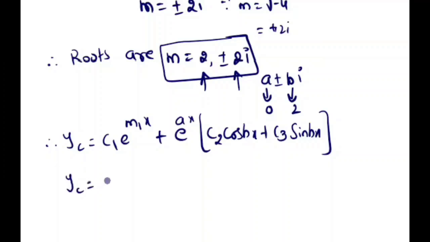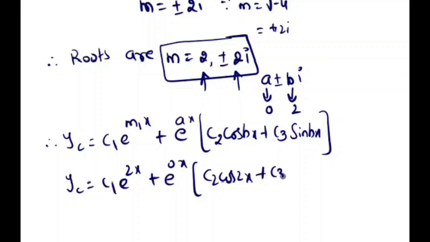So c1 e raised to m1 is 2x, m1 is 2, and e raised to 0x, c2 cos 2x because b is 2, c3 sin 2x, and b is 2, and therefore y is equal to yc. That is, this is the complete solution.